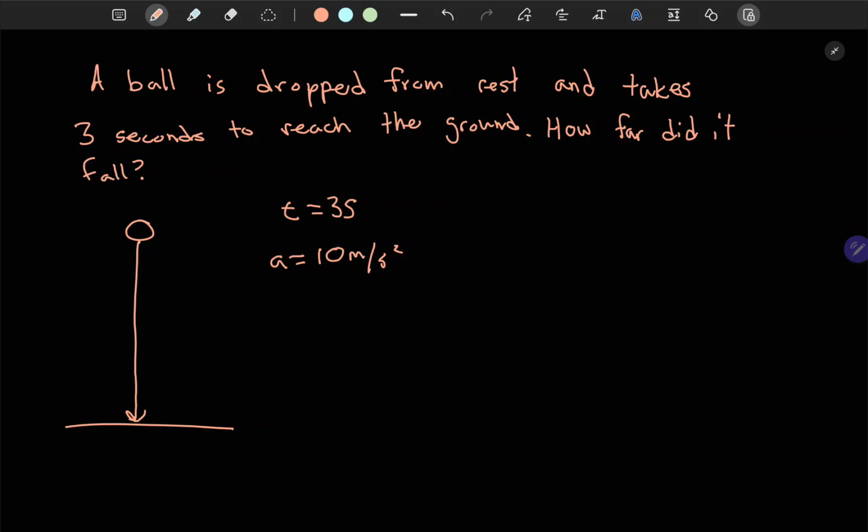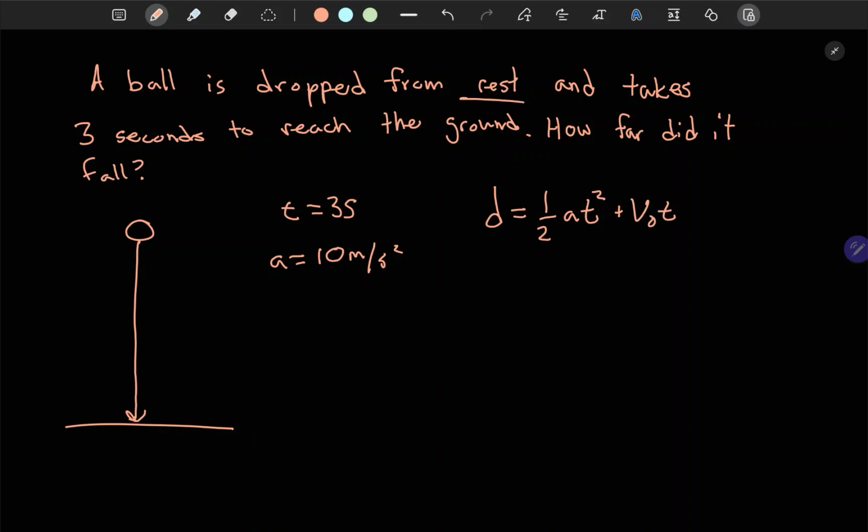So is this enough to know how far it fell? Well, actually, it is. So we have t and we have a. So which of these kinematics equations should we use if we want to know how far it is? Well, conveniently, we have d is equal to 1/2 a t squared plus v0t, right?